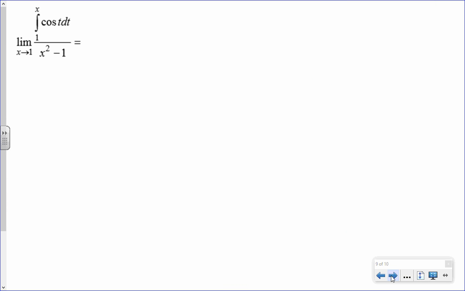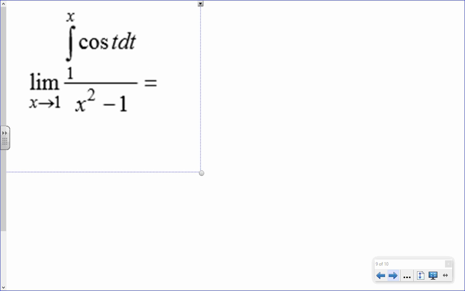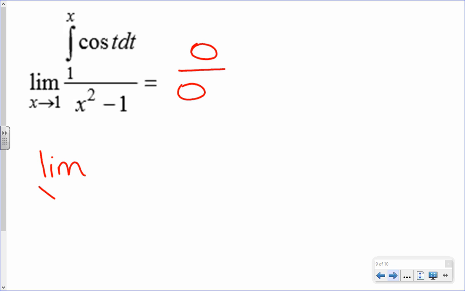Now, you don't have to write this down, but this is a L'Hopital's rule problem. If we put 1 in here, the integral from 1 to 1 is 0, over 0. So if we use L'Hopital's rule, we get cosine over 2x.